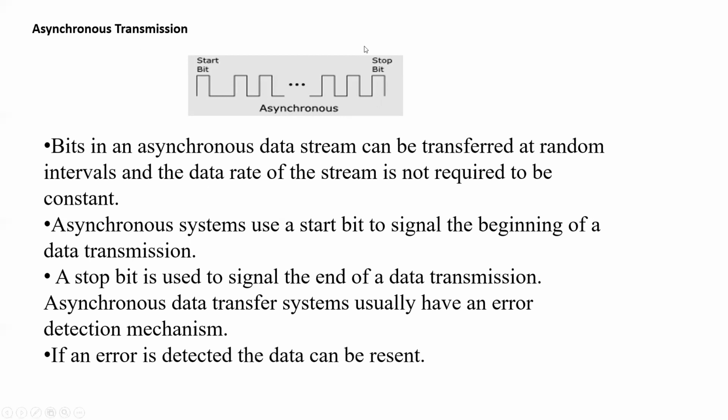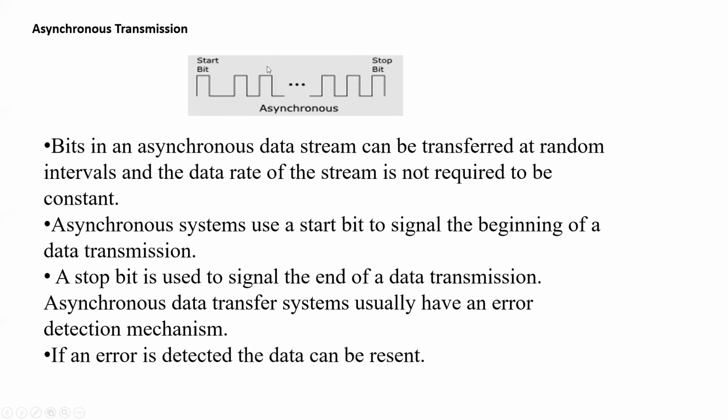Here we are dividing the data into a number of frames. This asynchronous communication sends the characters one at a time, framed by a start bit and a stop bit.